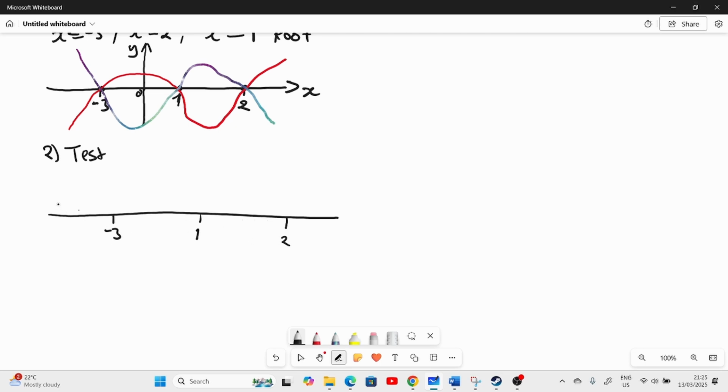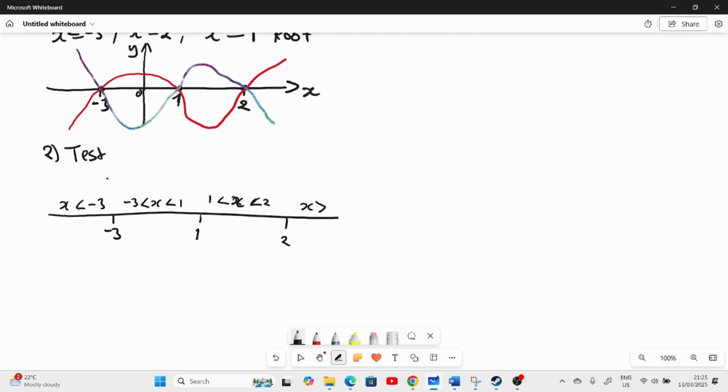So there will be values of x that are less than -3, then those between -3 and 1, then those between 1 and 2, and then those greater than 2.